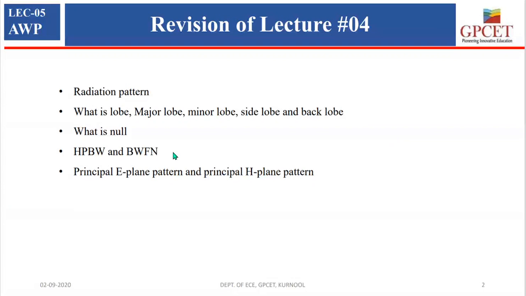Now, when we calculate the half power beam width or beam width between the first nulls, if the given pattern is the power pattern, then in order to calculate the half power beam width, we equate that power pattern with 0.5.